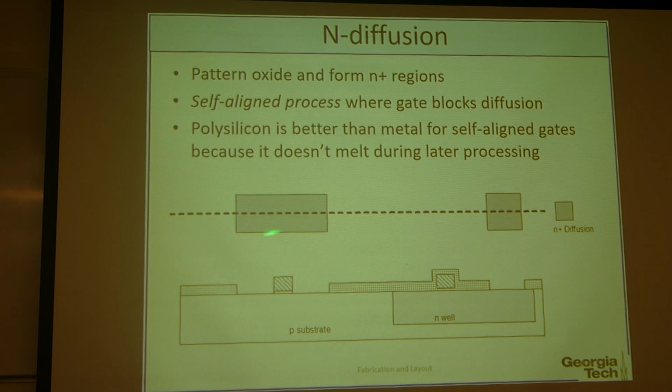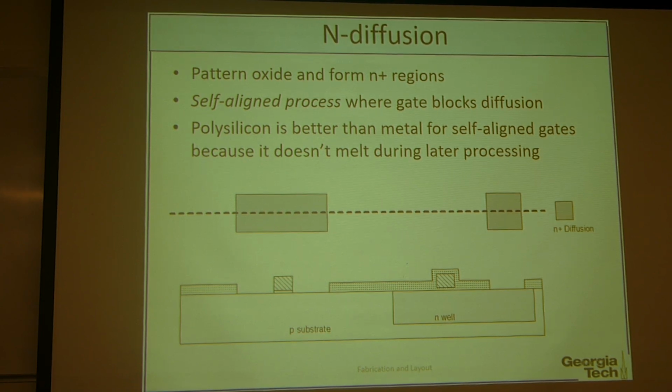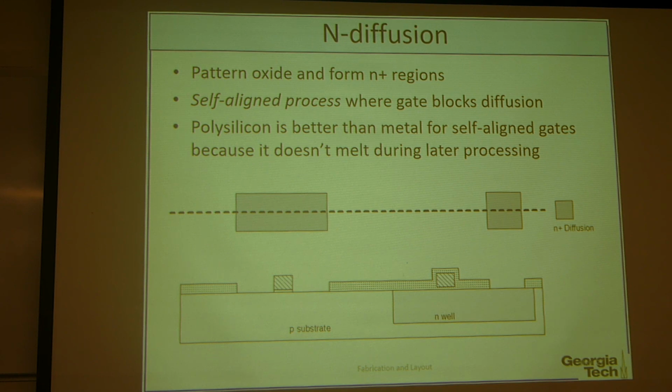So what happens if we expose this and if we make it blocked for the gate area? Then there could be some misalignment issue, so that some of the area cannot be doped in the source drain junction. So we'll have a high channel resistivity. We don't want that.